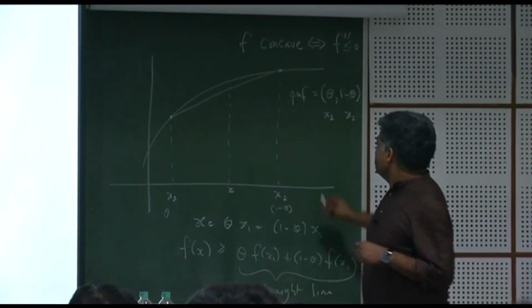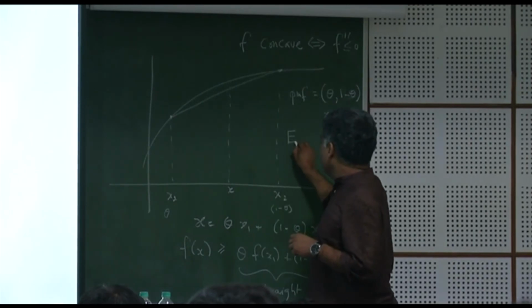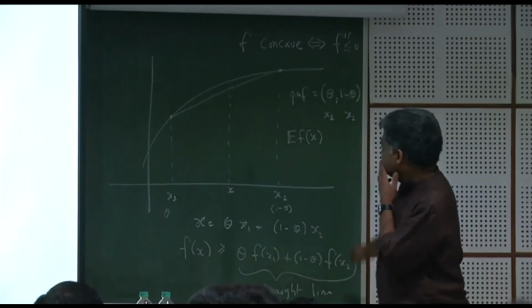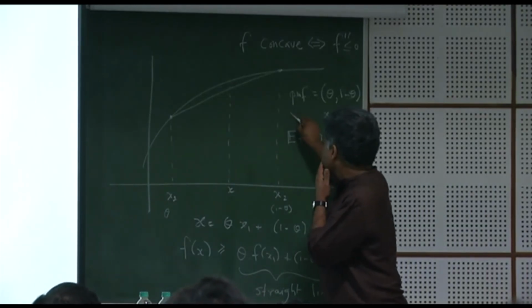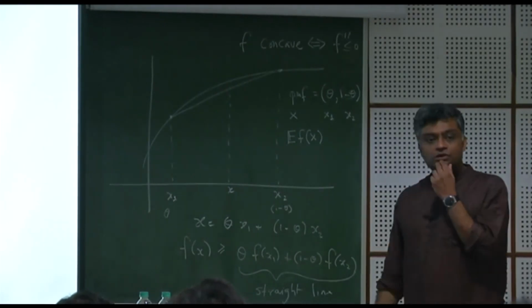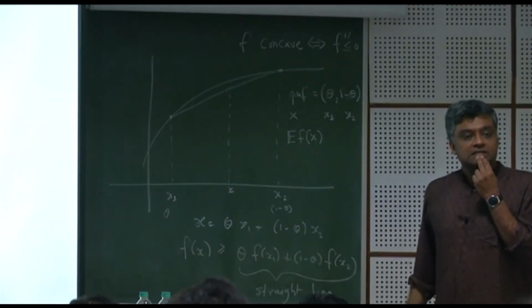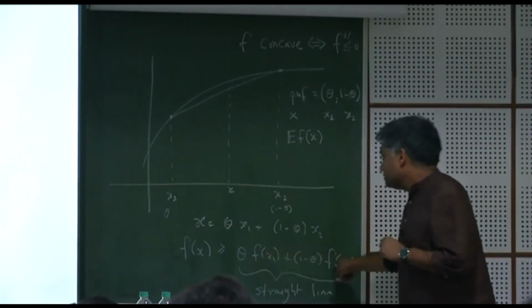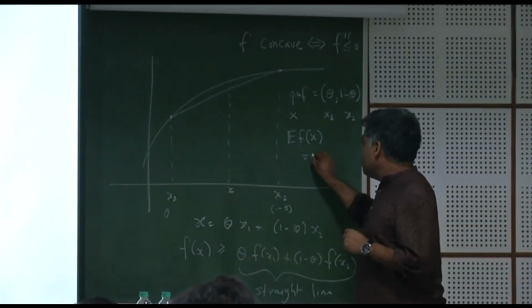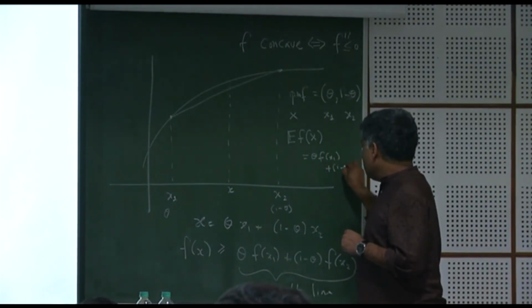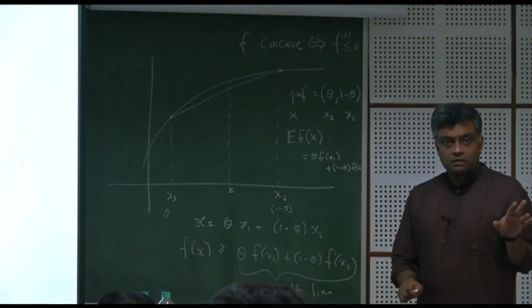All right. So what is the expected value of f of this random variable x? So suppose the random variable x has this distribution. What is the expected value of the function of the random variable x? This part, right? So that is theta f of x1 plus 1 minus theta f of x2. Everybody happy? Okay.